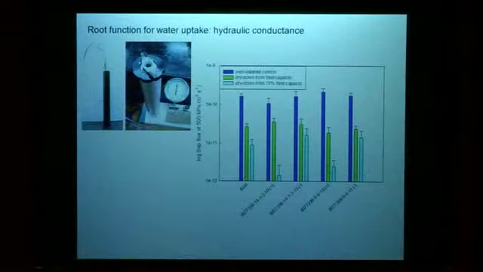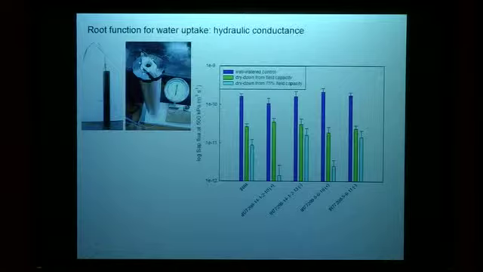So basically, we grew the plants in these soil-filled tubes that were just the size of our pressure chamber. So then we put the tube in the pressure chamber, seal it all up, we cut off the leaves, and then we apply pressure to the root system, and we quantify how much sap comes out at different pressures. So then we can calculate root hydraulic conductance.